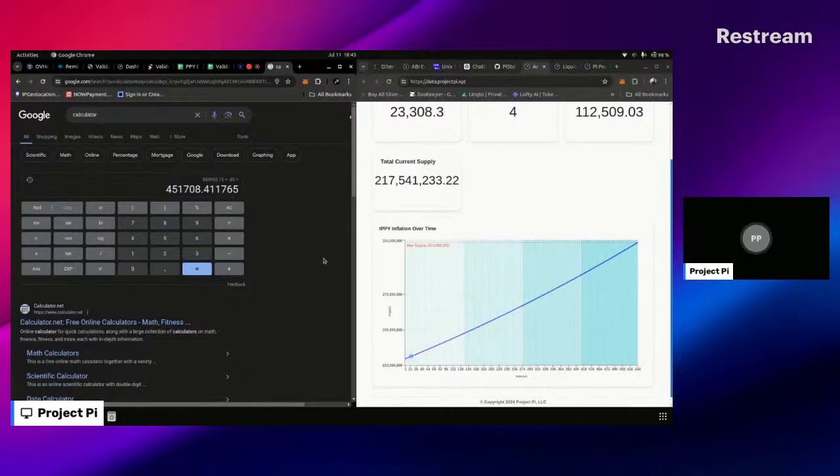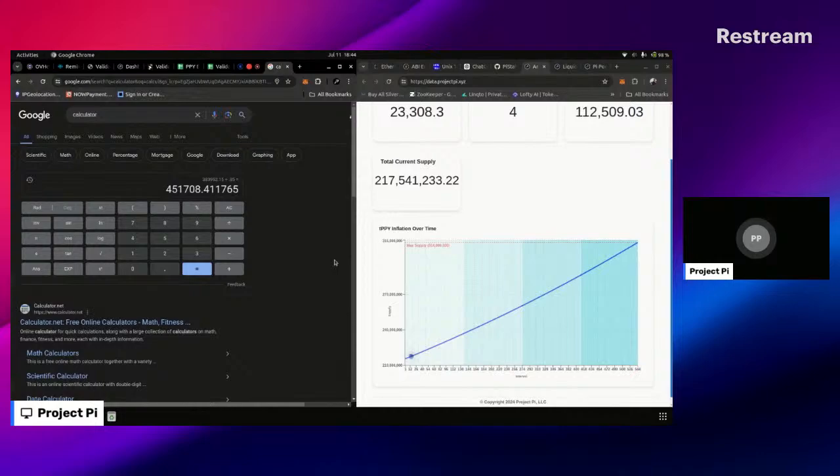So I reduced it. Basically, every 28 days, or rather for testnet every 8 days, 85% of PPY is going to be distributed to the node operators. 5%, or rather, no, I'll do 10%. So 10% will actually come to Project Pi, and then 5% is going to be burned.